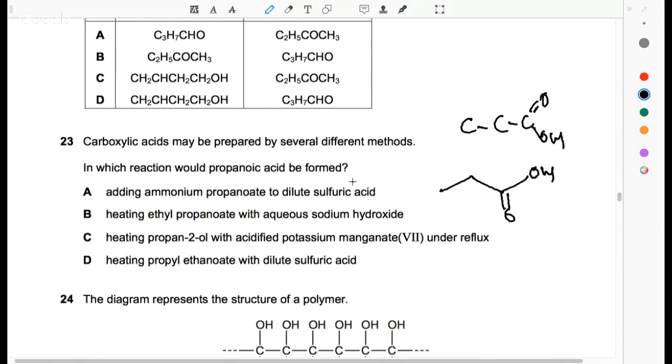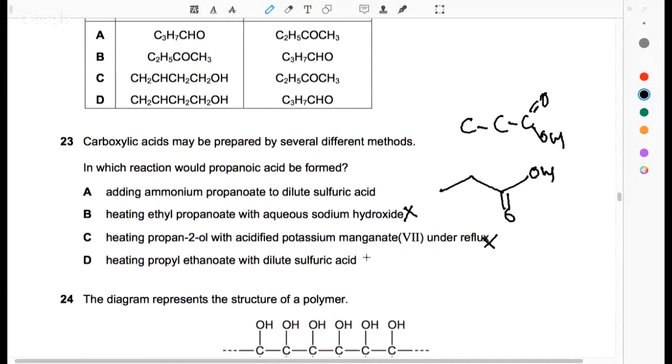Propionate. Heating with acidified potassium dichromate. This is a secondary alcohol, so it'll give you a ketone.